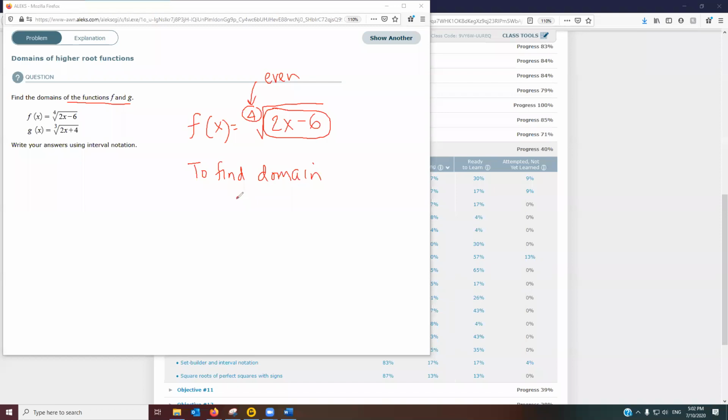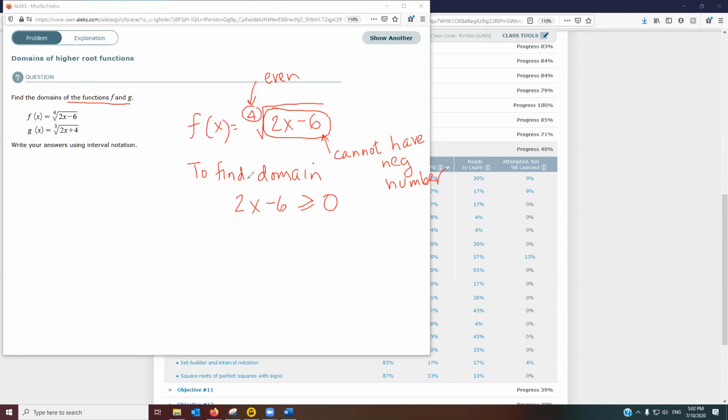Take what's underneath the symbol and set it to be greater than or equal to 0. The reason I'm doing that is I cannot have a negative number. Right? We did some examples to explain why when you take a square root or a 4th root, you're not allowed to have a negative number underneath the symbol.